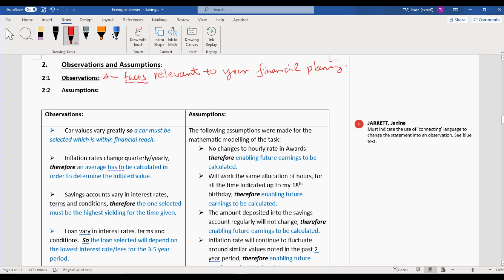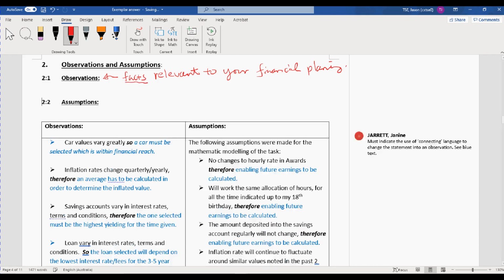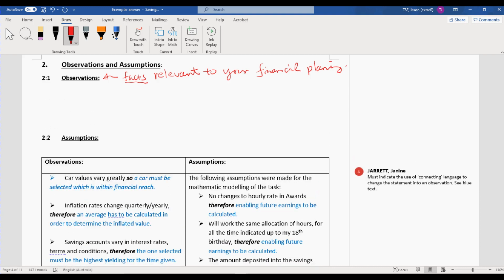In comparison, what are the assumptions? Assumptions are something you are not quite sure whether they are facts or not. They might be facts or might not. But for the simplicity of your assignment, you need to assume they are facts.